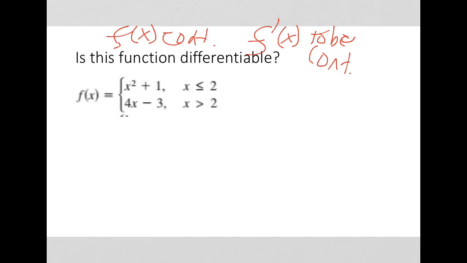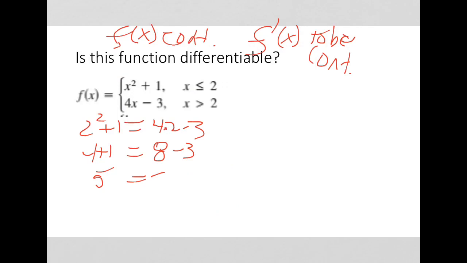So plug in your x value, set the branches equal to each other. 2 squared plus 1 is equal to 4 times 2 minus 3. Is that true? 2 squared is 4 plus 1 is 5. Is that equal to 4 times 2, which is 8 minus 3, is also 5. So yes, f of x is continuous.